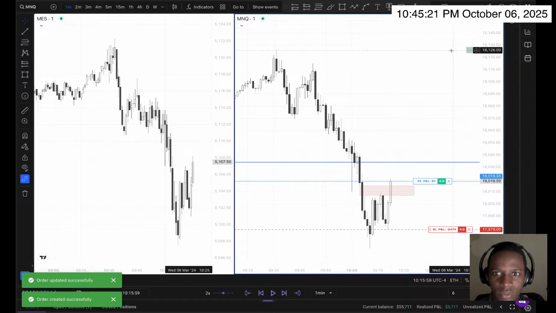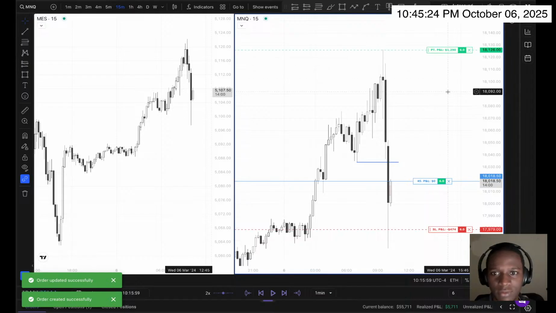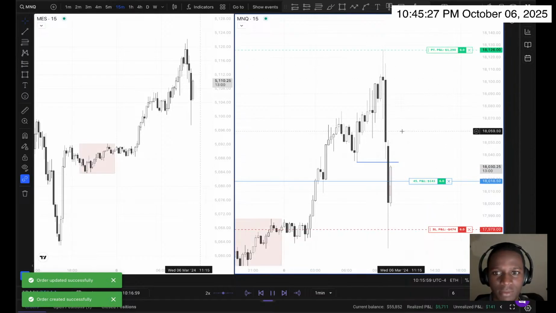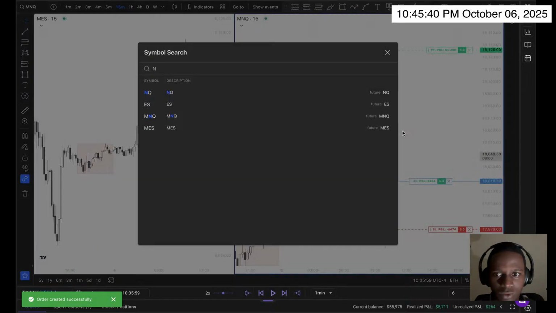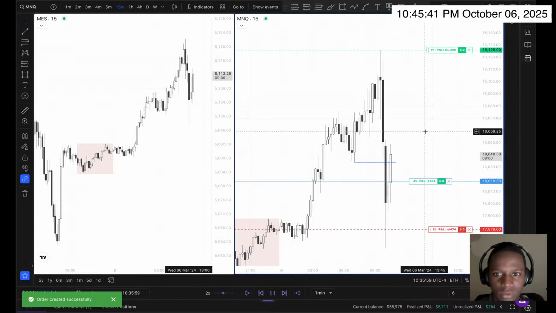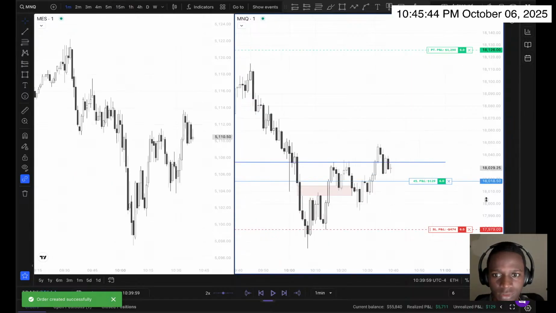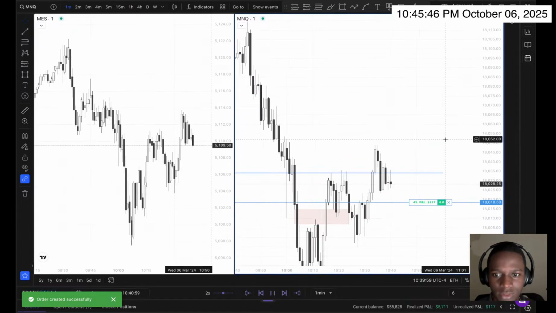I think we'll approach those highs. Up on the 15, we also moved to break even once reaching this gap, because it's a premium gap and we could reject it. So we just sit and wait. This consolidation is crazy.